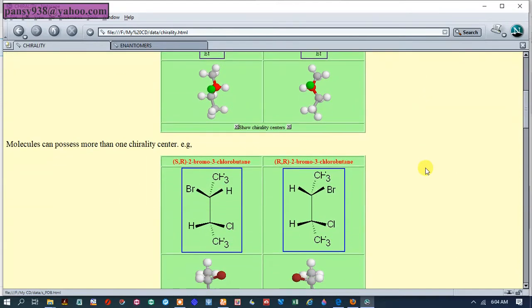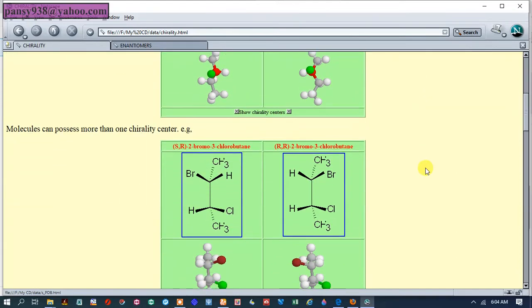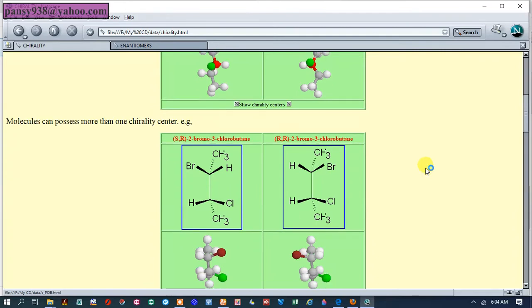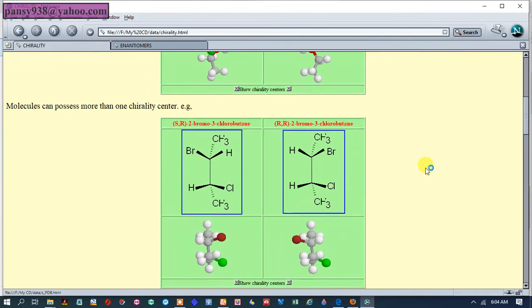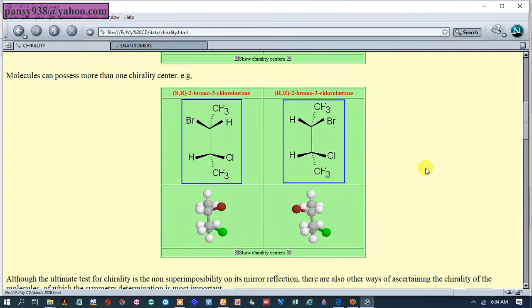Molecules can possess more than one chirality center too. For example, in this case 2-bromo-3-chlorobutane. You see that here the two carbons have four different groups attached to them.